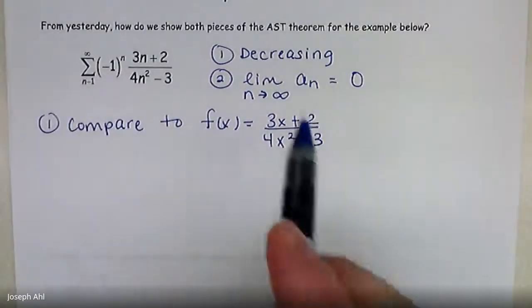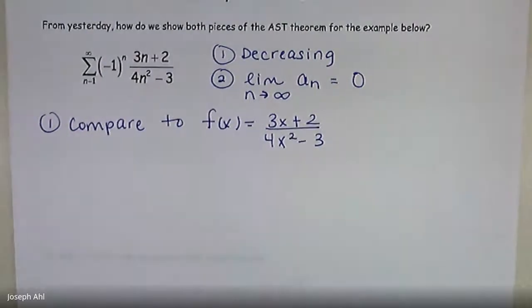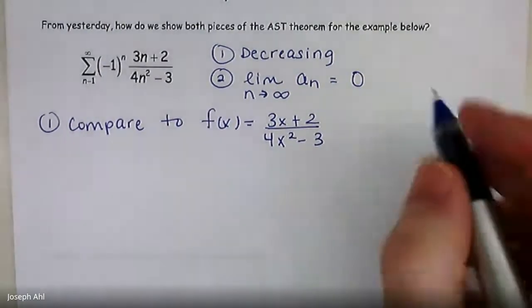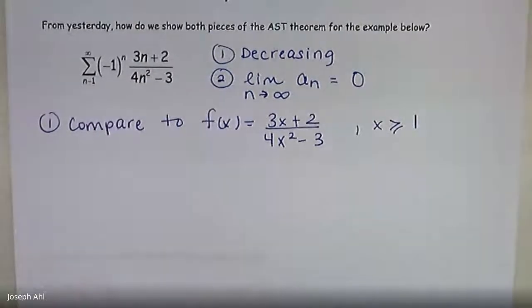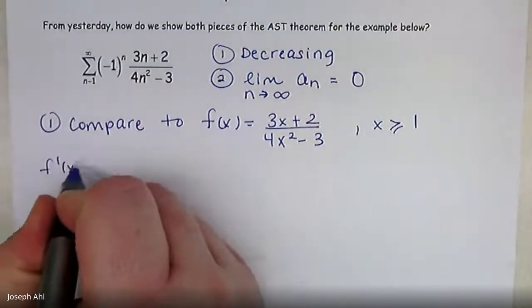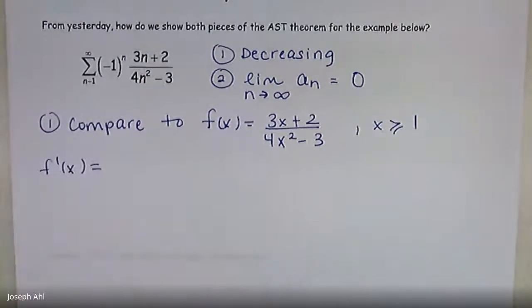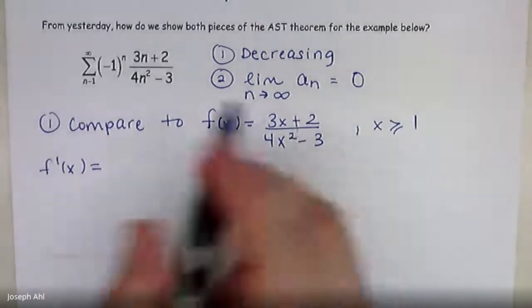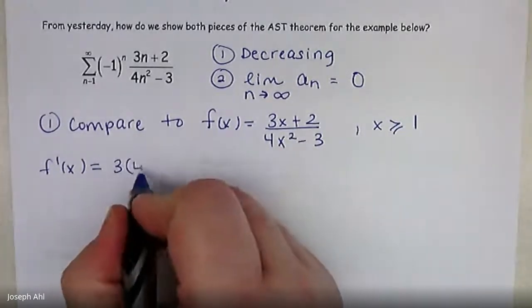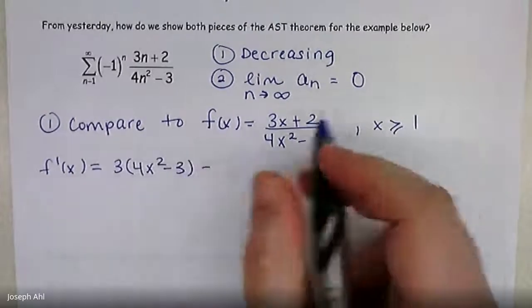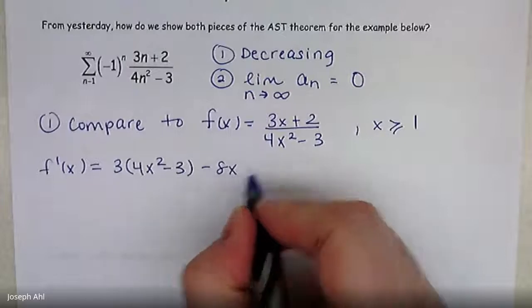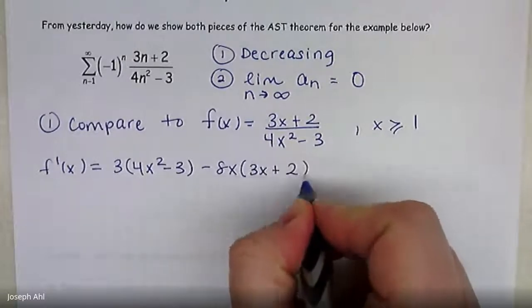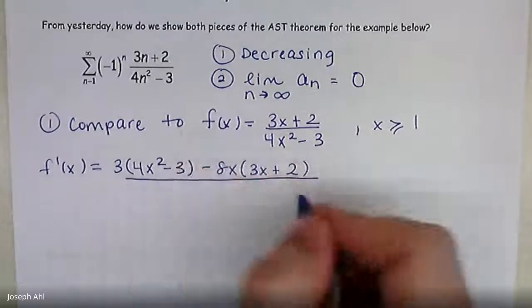That's how we tell where the original function is increasing or decreasing, and we want to see: is this decreasing for x values that are greater than or equal to 1, because that's the condition we're looking at within the series. So when we go to find f prime of x, it's just a quick quotient rule. We need low d high. So d high is 3 times low, which is 4x squared minus 3, minus high d low. D low is 8x times 3x plus 2, all over low squared.